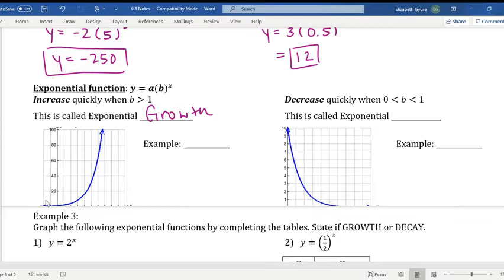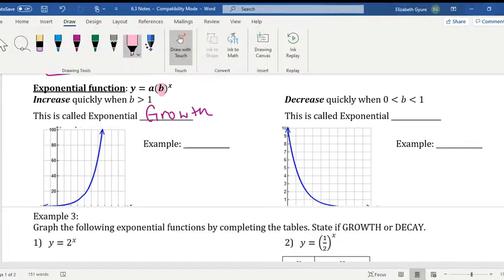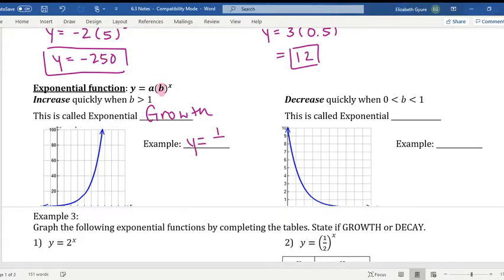That is when our function starts down really low and then increases rapidly. So our graph is going to increase quickly when our b value, that's our value in parentheses, is greater than 1. Okay, so an example of what that could look like is maybe y equals 1/2 times 3 to the x. This would be an example of exponential growth because our number that's being raised to the x power is greater than 1.